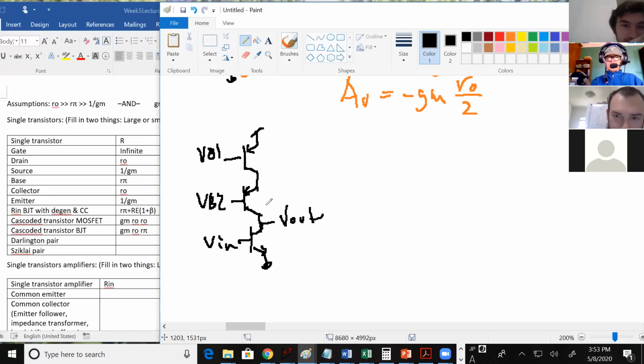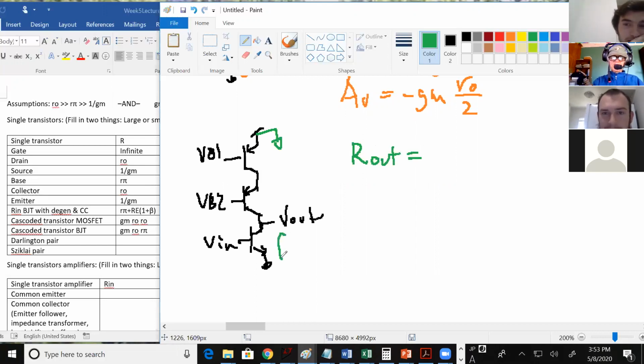Then the first step of finding gain using the quick method: ground it. Now there are 2 paths to ground. R out, I should make it.